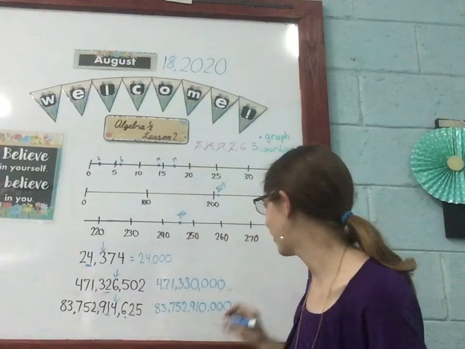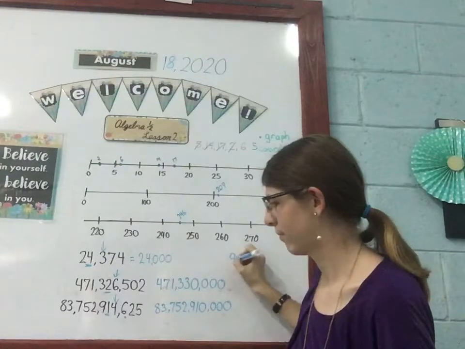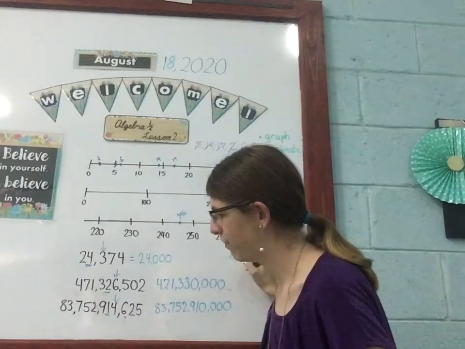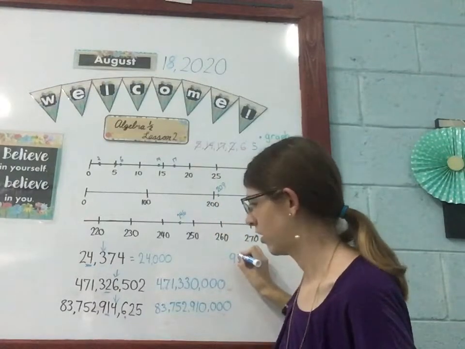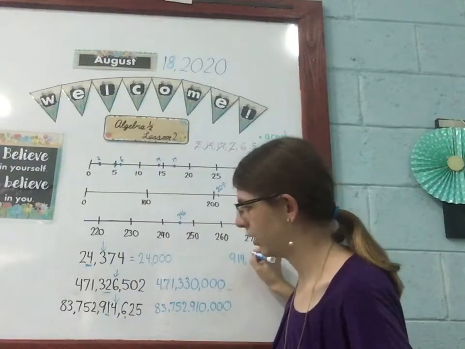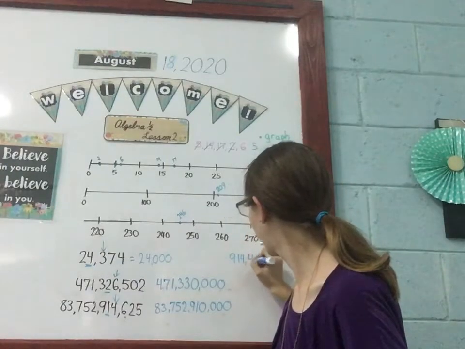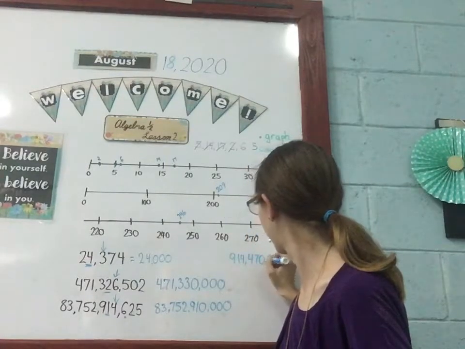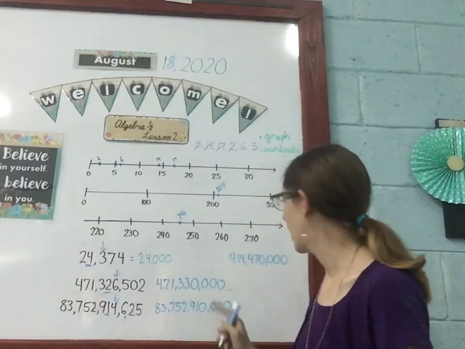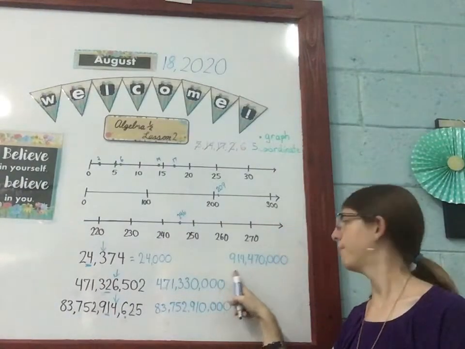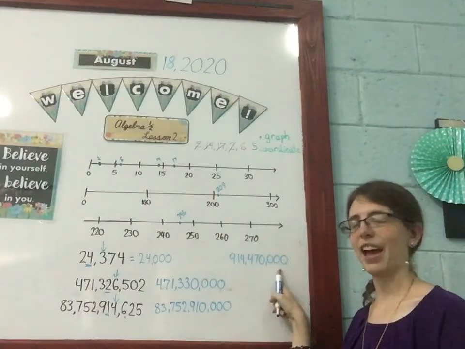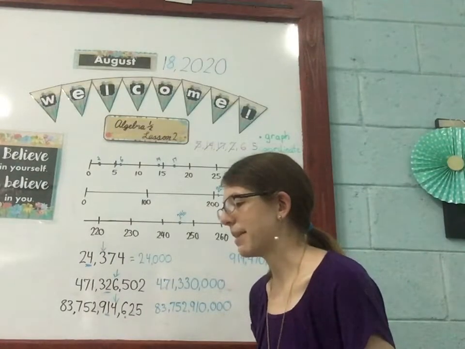So for your answer, you should have gotten 914,470,000.